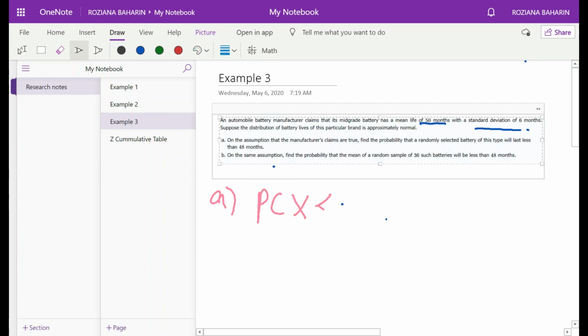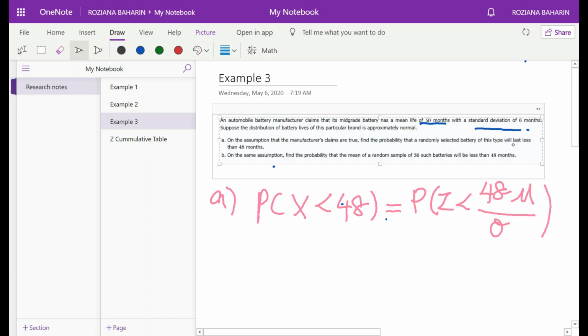So your X less than 48. So you need to convert to Z. So you know that the formula is 48 minus your mu, divided by your standard deviation here.